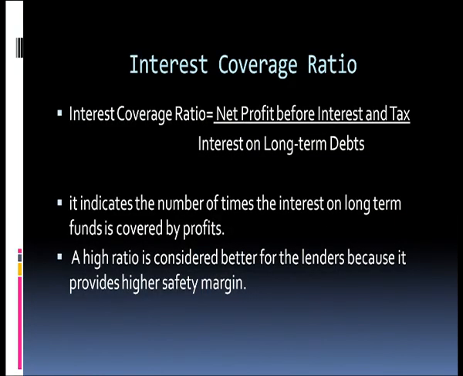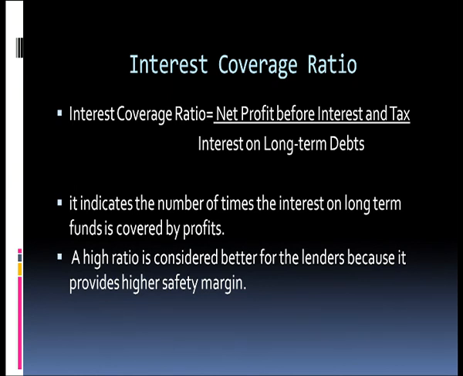In the last part of this session, we are also going to study the interest coverage ratio, which is also a very important solvency ratio. The interest coverage ratio's formula is net profit before interest and tax divided by interest on long term debts.